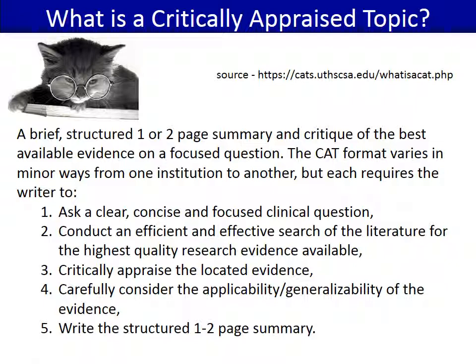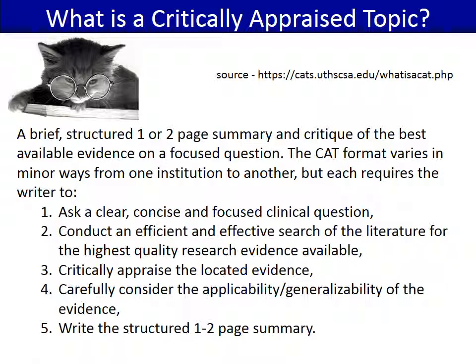These CAT topics are best kept in easily accessible places so that they can be used by practitioners to help with clinical decision making. There's a link to the University of Texas Health Center at San Antonio website that contains the student critically appraised topic database that you should investigate, and there is a link in your learning resources to that site.